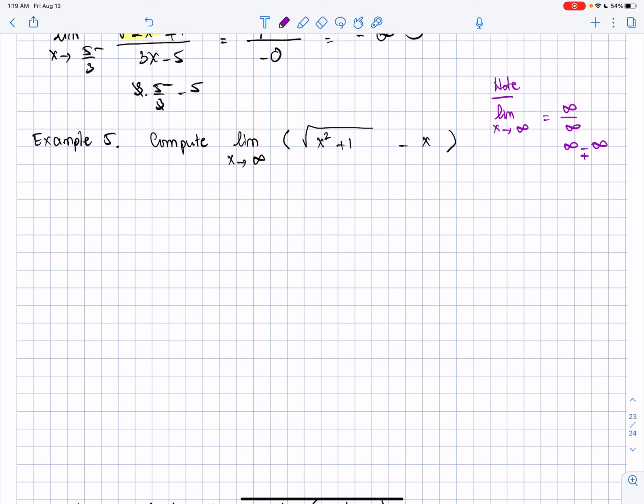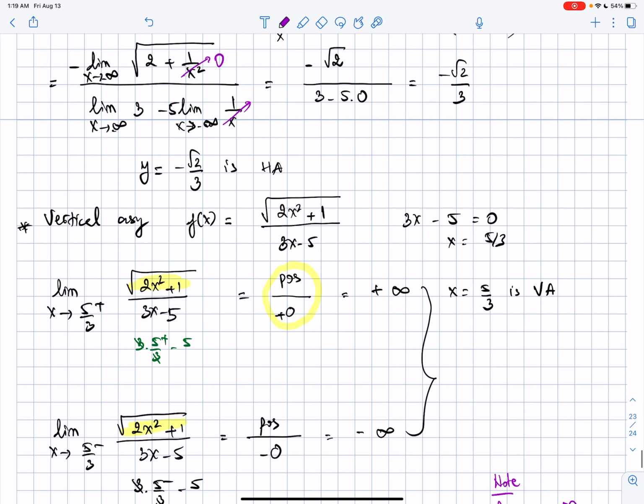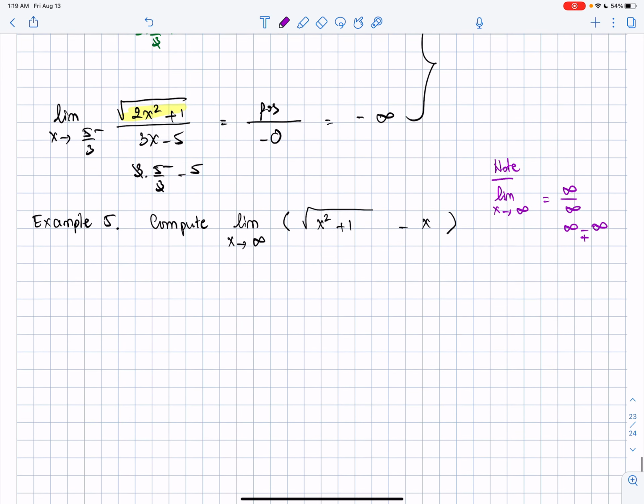Infinity divided by infinity, you saw in example number 4 and example number 3 above.